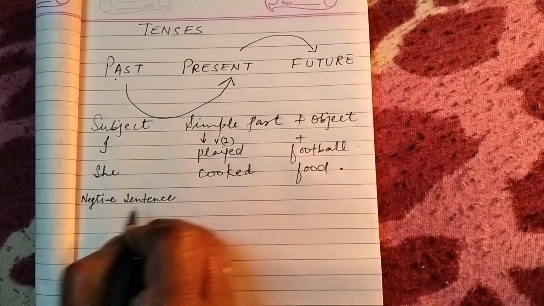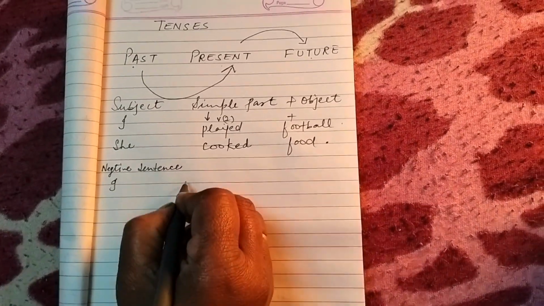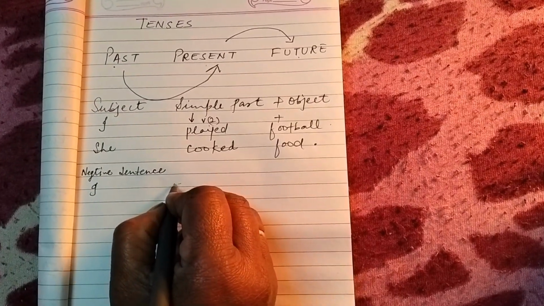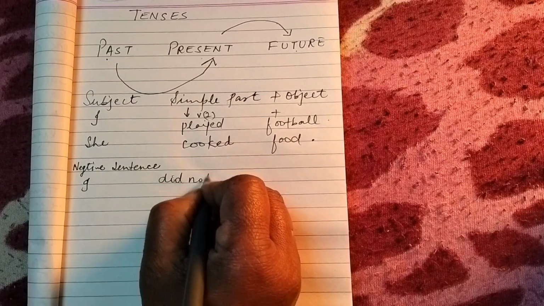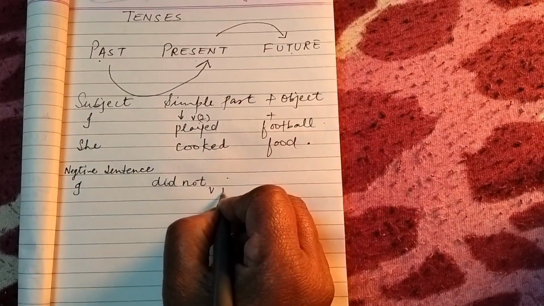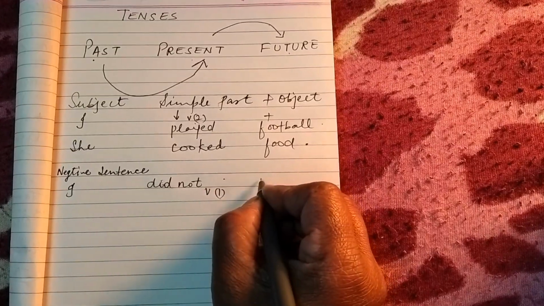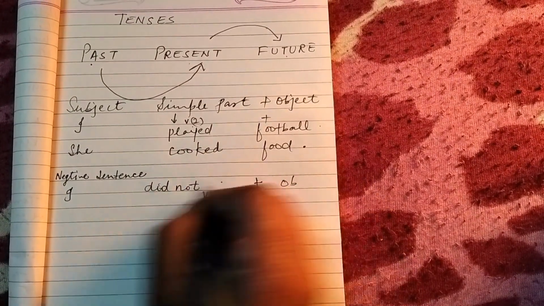Negative sentence. Subject, I. Always we have to put did not right there. I did not, verb first form, first form. After that, plus object.